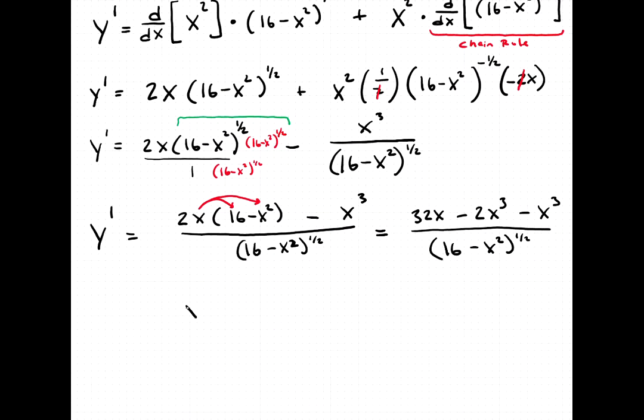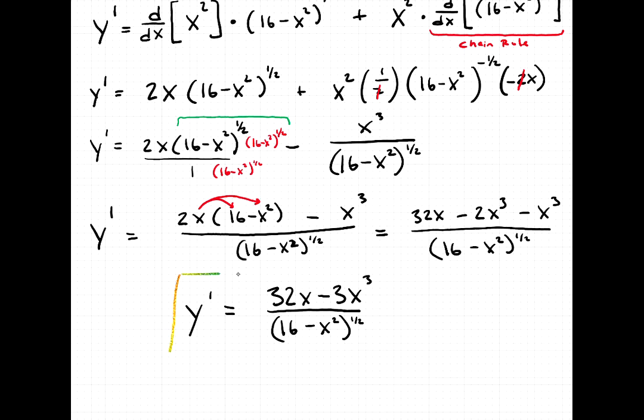Okay, so it looks like we're at 32x minus 3x to the third power divided by 16 minus x squared to the 1/2. All right, I think that's as simple as we could get this one. So here is the derivative. Final answer.